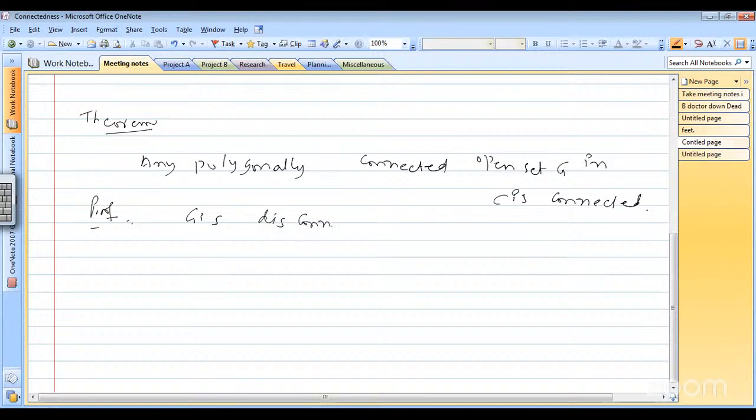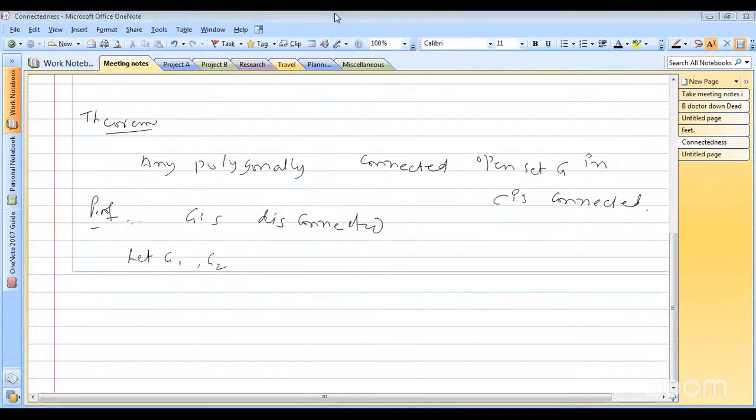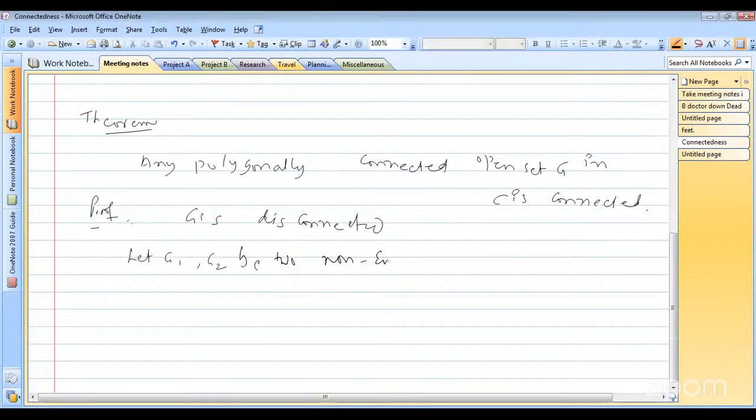Let G1, G2 be two non-empty open sets, non-empty meaning they contain elements, such that G1 union G2 is equal to G.